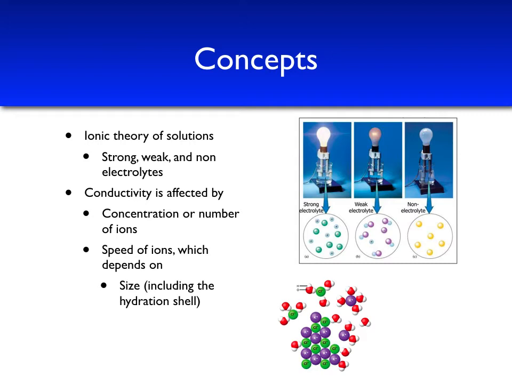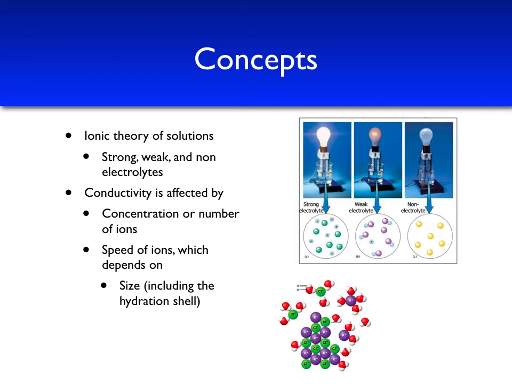If two ions have the same charge, such as lithium and sodium, which both have +1 charges, then the charge density will depend on the size. We would expect a lithium ion, which is smaller, to have a bigger charge density than the sodium ion, which is a larger ion.